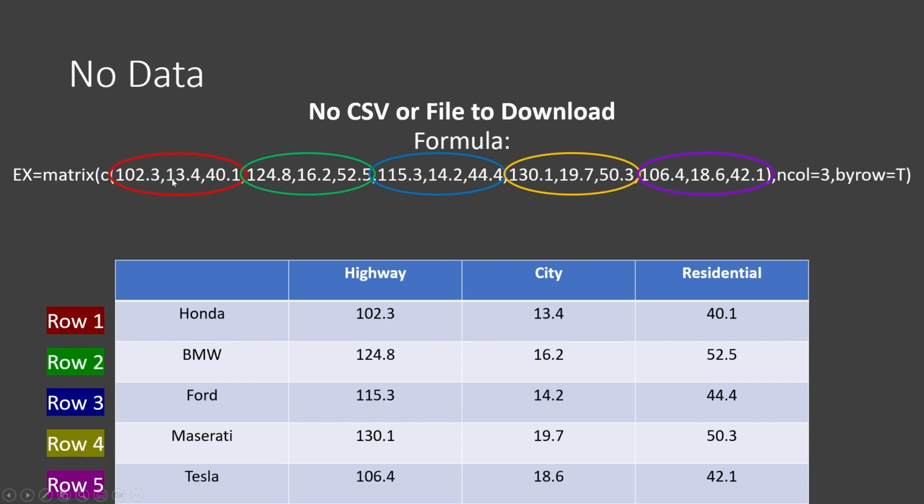So the first 2 numbers would be the first row, the next 2 numbers the second row, and so on. Make sense? And then byrow equals TRUE just means that the data we're inputting is going by row. If you wanted to, you could say byrow equals F and input your data top to bottom, like 102.3, 124.8, but then you'd have to change how you input the data.